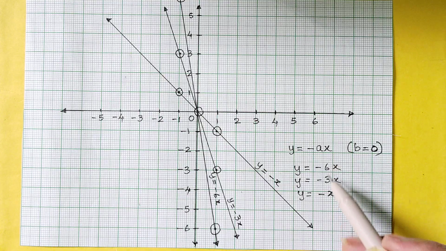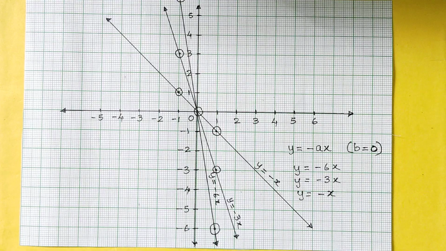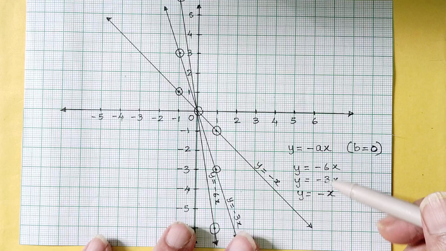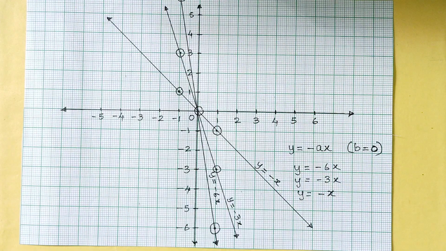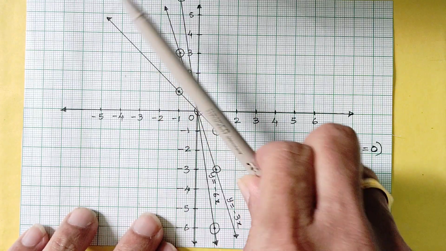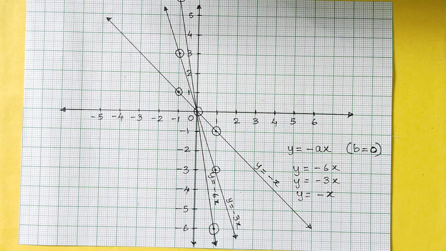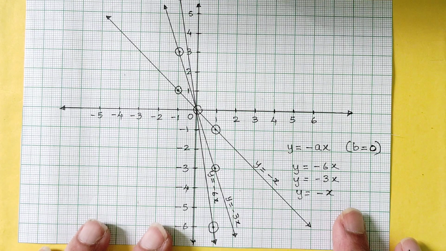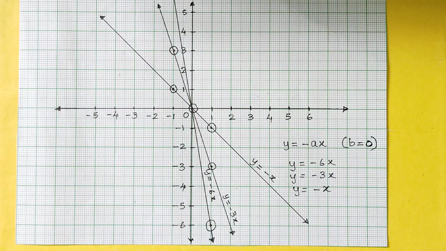When the value of a is negative, you can see here the value of a is minus. When the value of a is minus, the lines slope downwards this way.